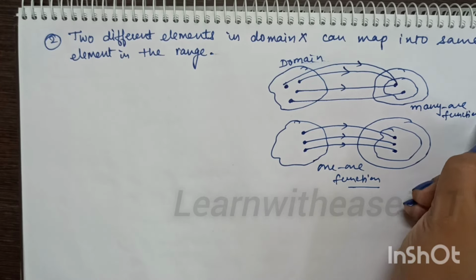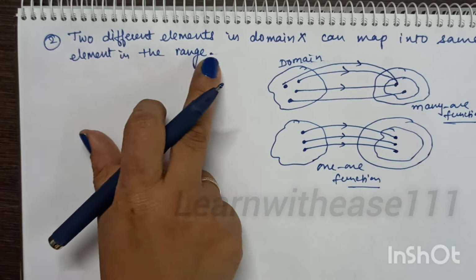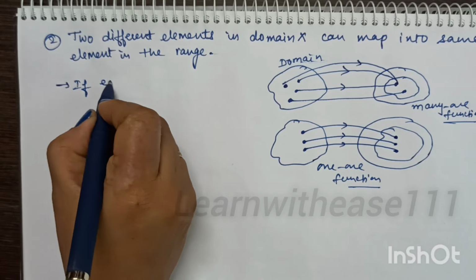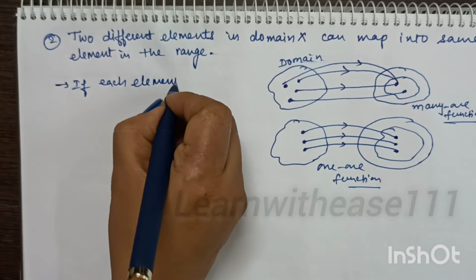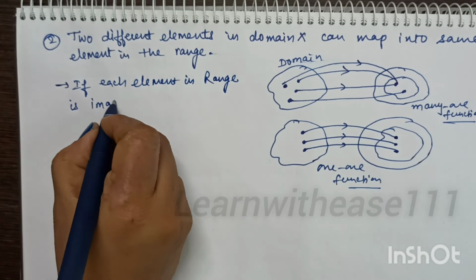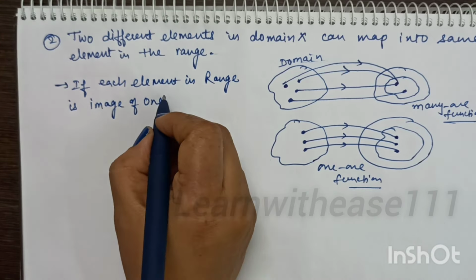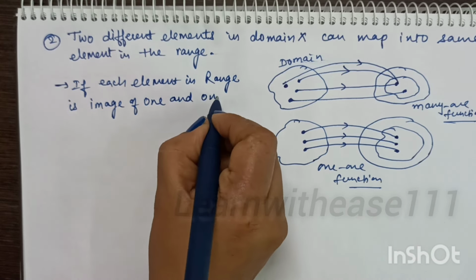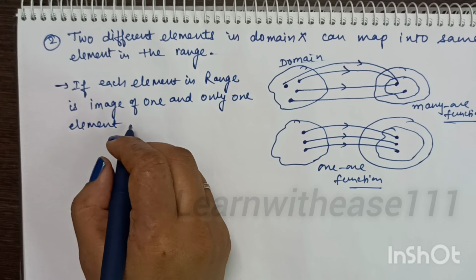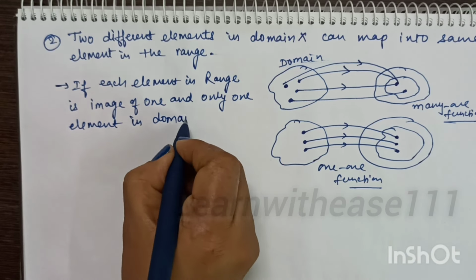The above one is the case of a many-one function, where more than one element is connected with the same element in Y. So in this rule we can say further, if each element in the range is the image of one and only one element in the domain, then f is called a one-to-one function.